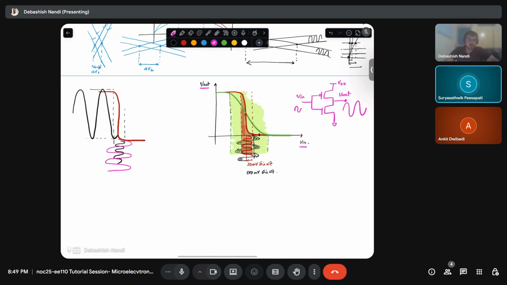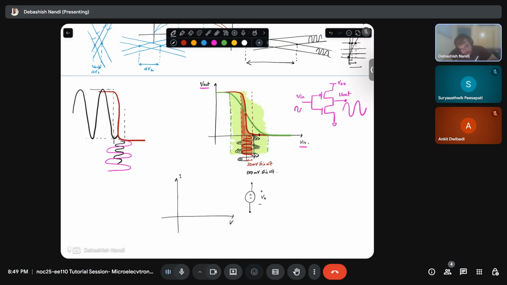Sir, what is the difference between voltage source and voltage swing? So what is a voltage source? What is the definition? A voltage source is something which will hold a fixed voltage across it irrespective of the current flowing through it.